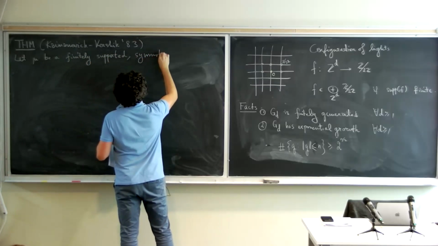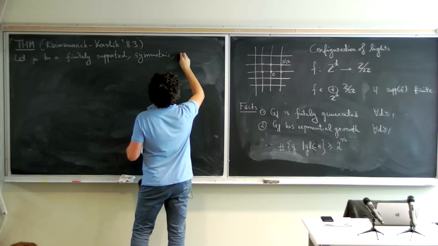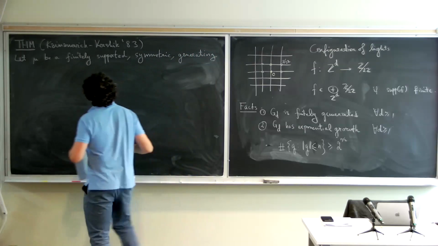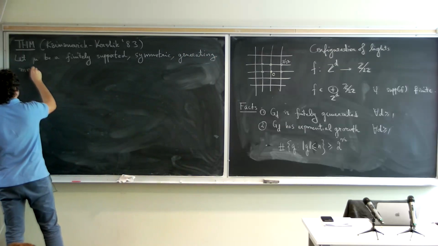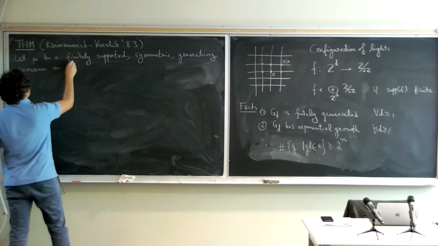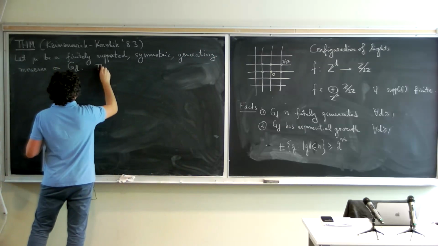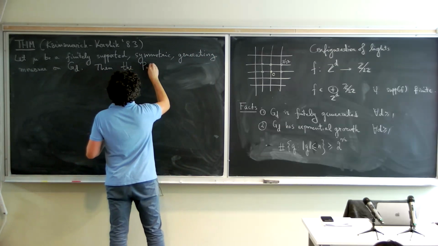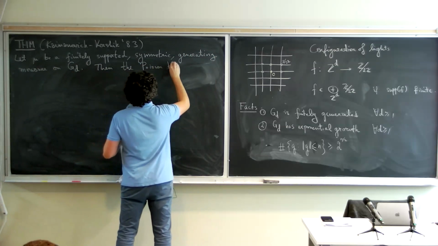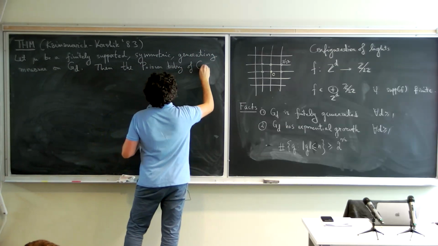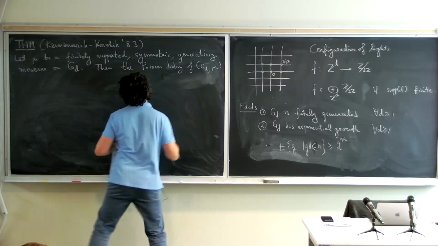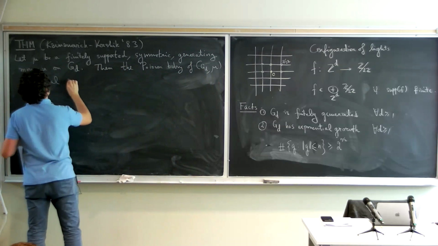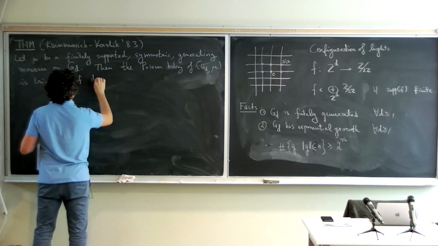Symmetric is important here. Then the Poisson boundary of (G_D, mu) is trivial if and only if D is 1 or 2.